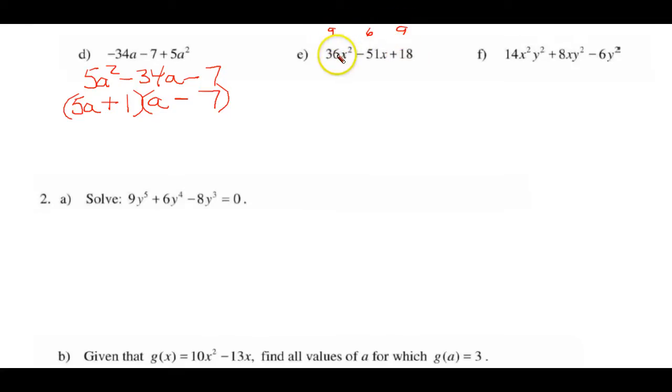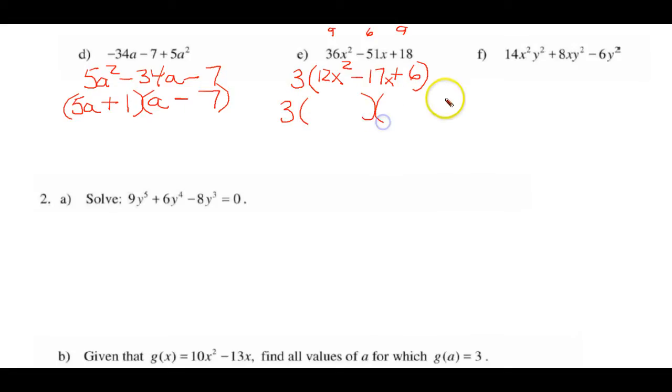We know we could take a 3 out of each term. So let's try that. We can take a 3 out of there. And 3 times 12. And 3 goes into there, and we get a negative 17 and a 6. All right, there's no other common factors.